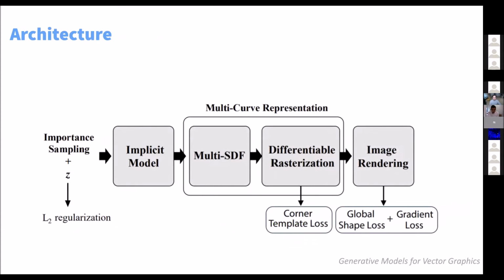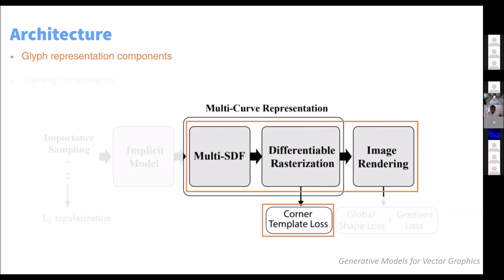Okay, so what we start with is the following. This is the architecture, but I will break it down into the most important part that we want to look at. So this is the part which is the key module, and the key sub-module of that is the corner template. But let's first talk about the multi-SDF and the corner template. These are related. So what is an SDF?